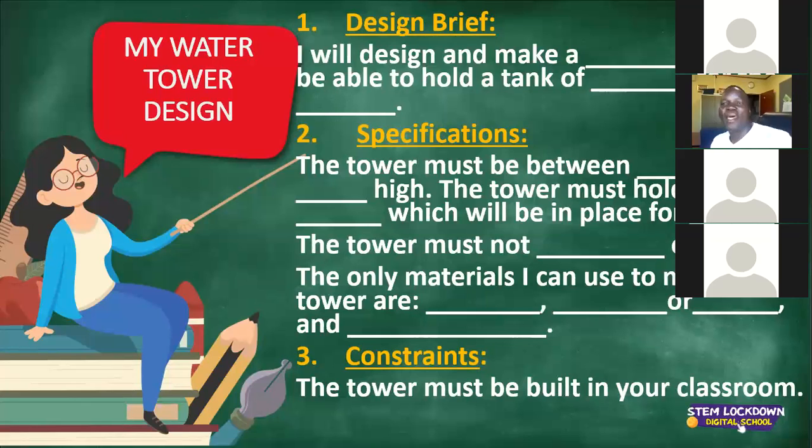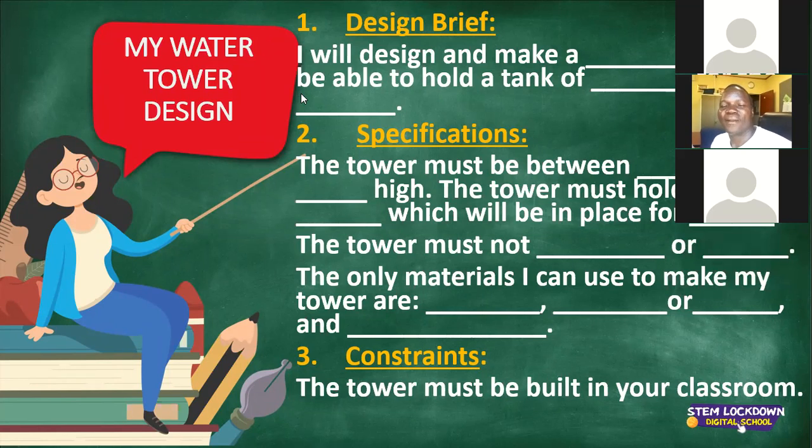Important. Now, the water tower must not do what or what? Those two things that should not happen to your water tower. Yes, the answer: it must not fall or bend.